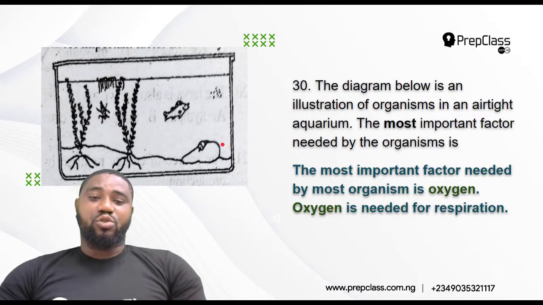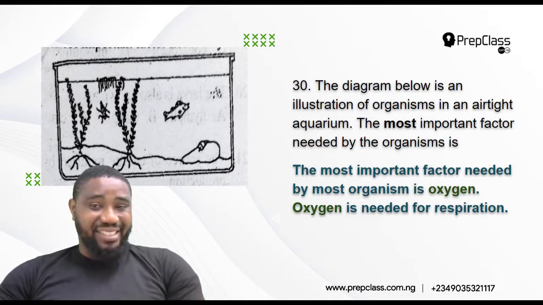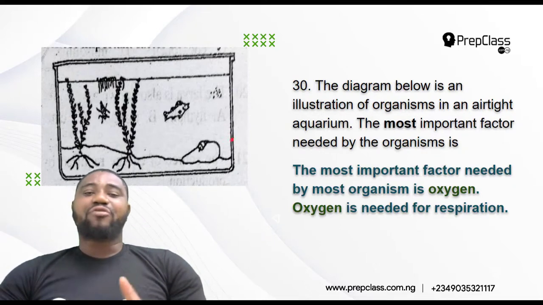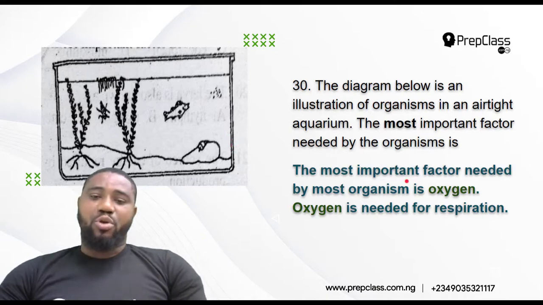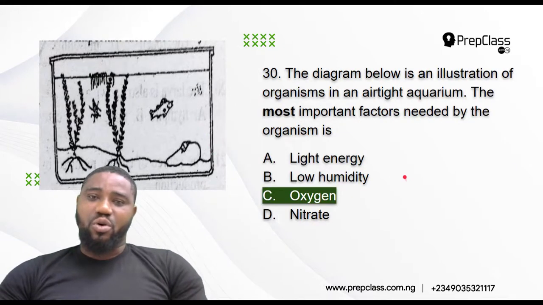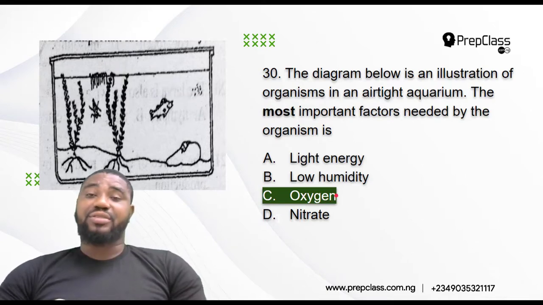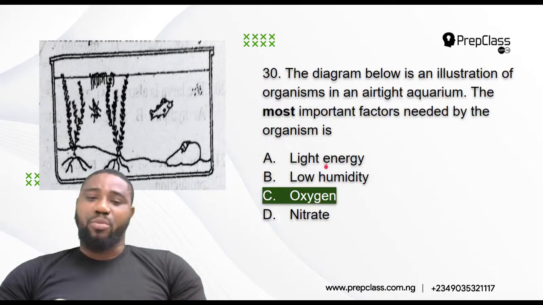We need oxygen to break down glucose or carbohydrates in their system to liberate energy that is needed for them to stay alive. They have to be alive first before they can feed or mate. So the most important factor is oxygen, because they need to stay alive before they can manufacture food, feed, or do any other thing.